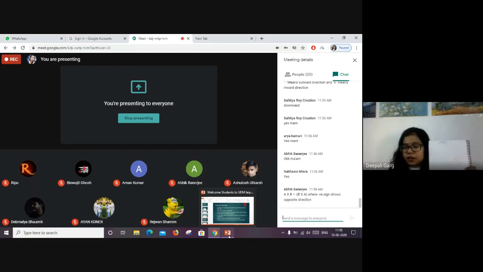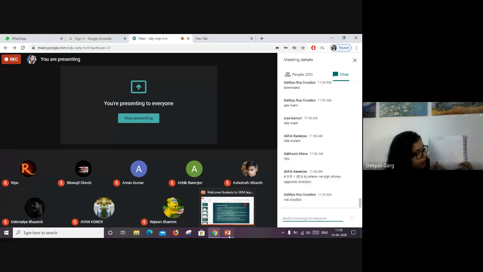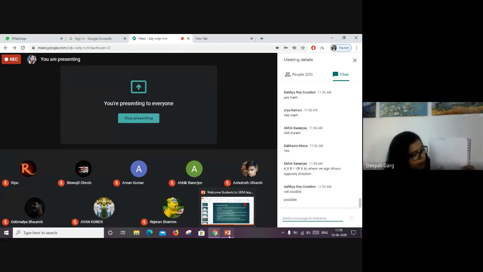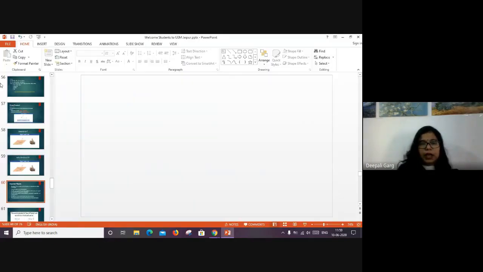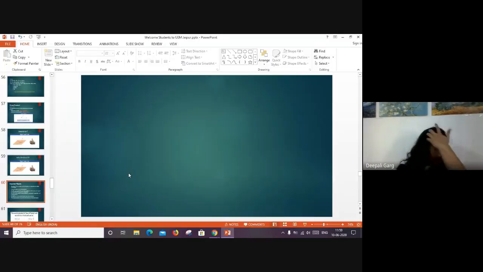I am not able to cross. So when I am not able to cross, it means their cross product will be 0. Therefore, they are parallel to each other. Right? Okay. Next is, parallel non-zero vectors have 0 cross product.